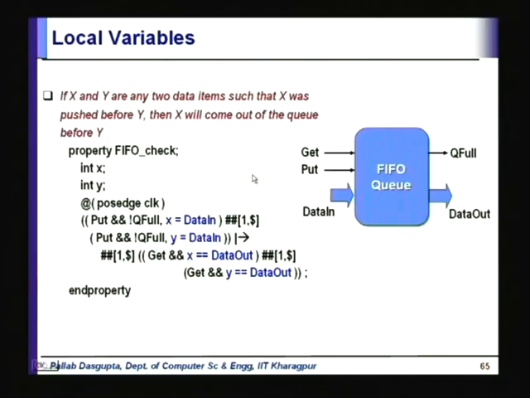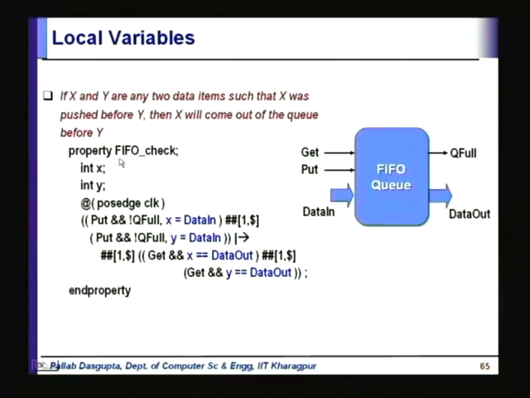In order to encode such a property, x and y can be any two data items, so it has to be a placeholder. For x and y, we need some symbol for their real values through which we can express this property. So, let us see how we express it in SystemVerilog assertions.